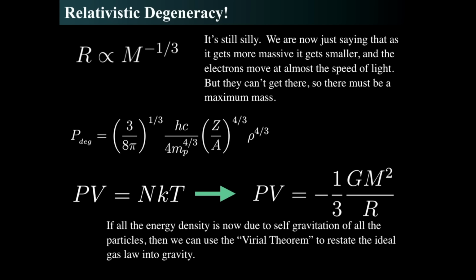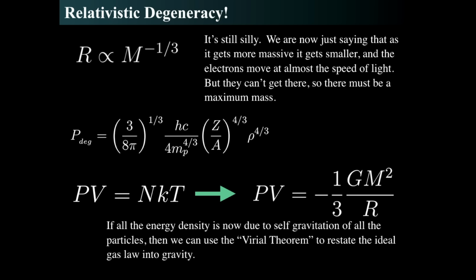So we can go back to inform us of what to think about with the ideal gas law, and say the pressure times the volume equals the self-gravitational energy, which is what the green arrow is trying to indicate to us.